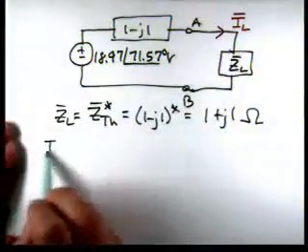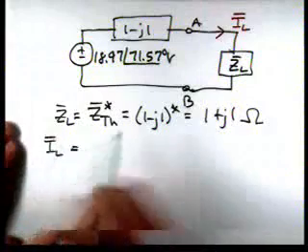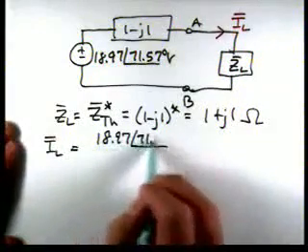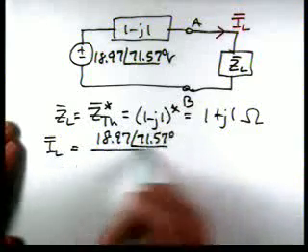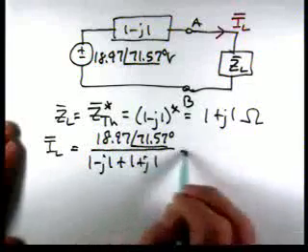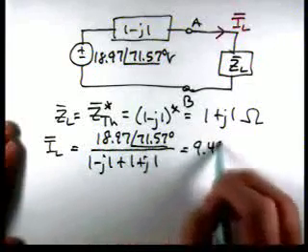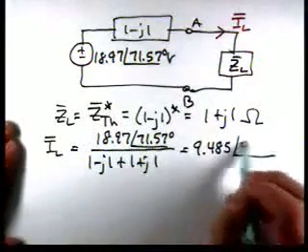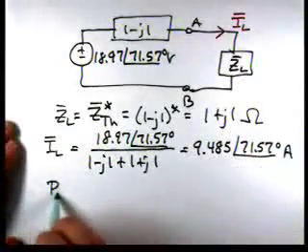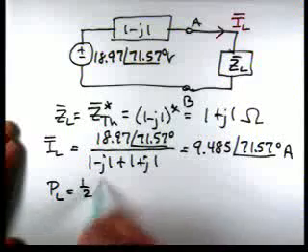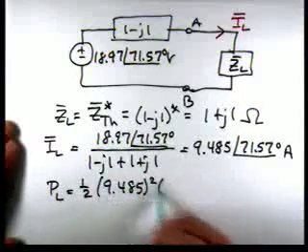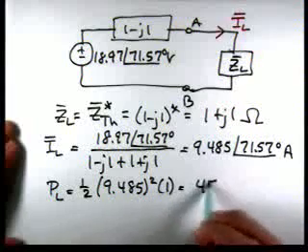IL is 18.97 at an angle of 71.57 divided by 1 minus J1 plus 1 plus J1, which is 9.485 at an angle of 71.57. So the load power is 1/2 times 9.485 squared times 1, which is 45 watts.